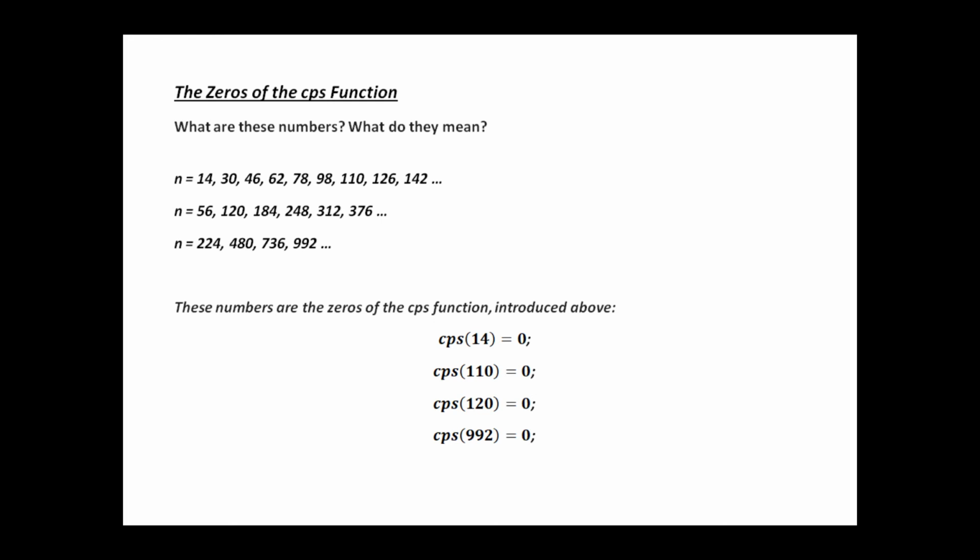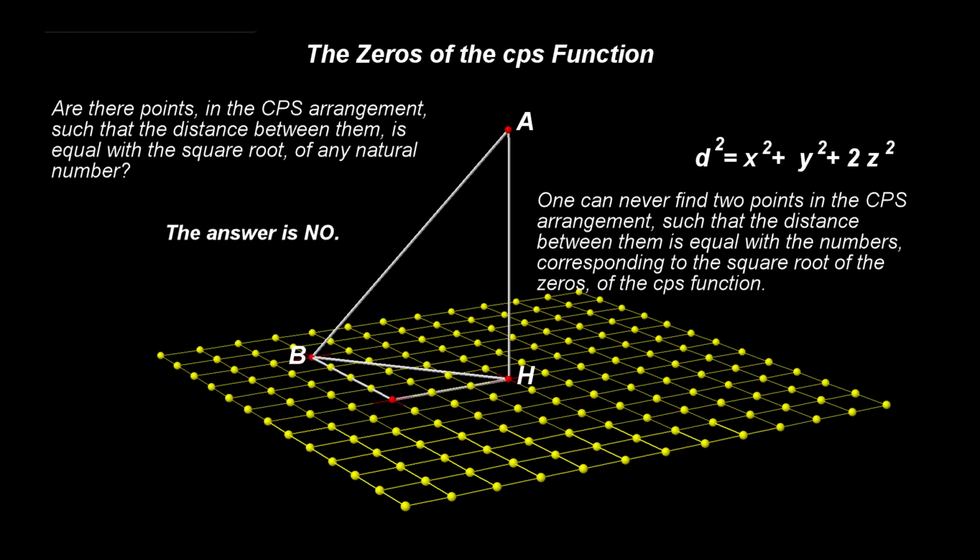What are these numbers? What do they mean? First, let's mention that these numbers are the zeros of the CPS function, introduced above. Going back to the definition of the CPS function, one can see, for example, that CPS of 14 is equal with 0, CPS of 30 is equal with 0, or CPS of 224 is equal with 0.